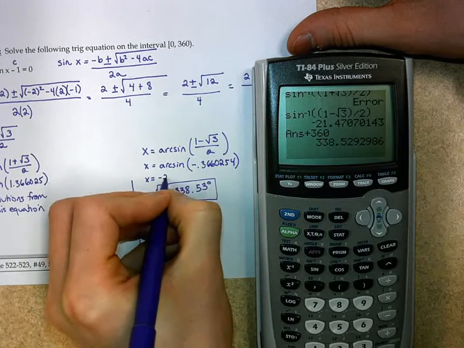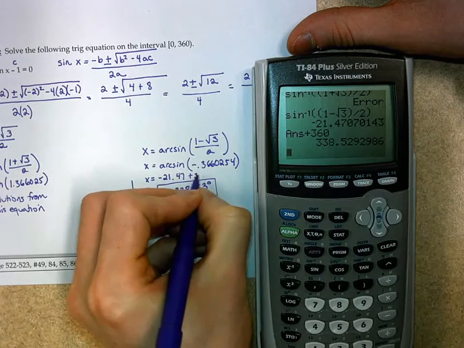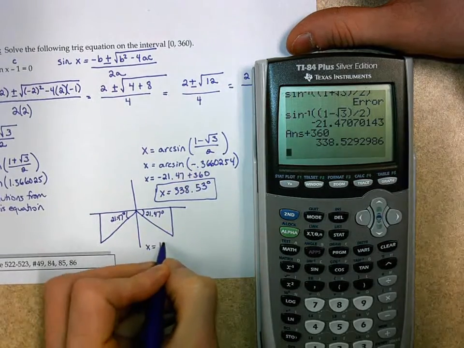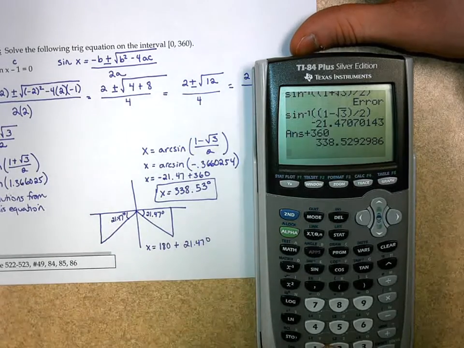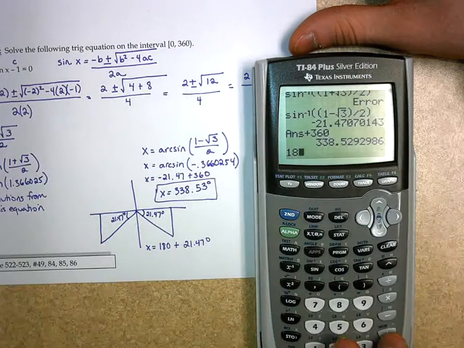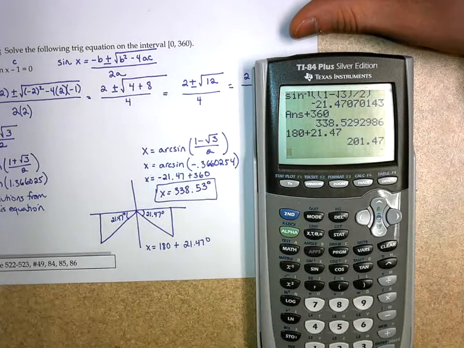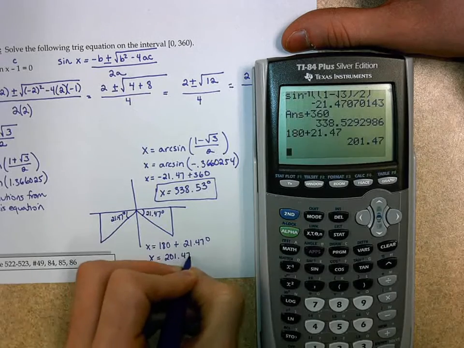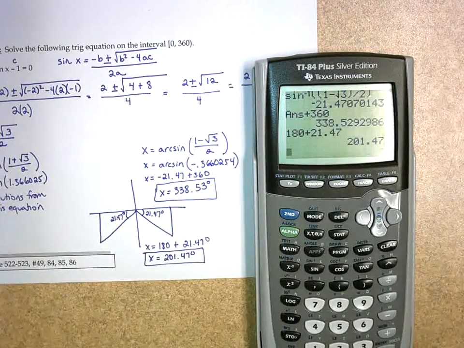And I'll just write right here, -21.47, and then we have to add 360. And then this other one down here is x is 180 plus the 21.47 degrees. So 180 plus 21.47. And I can see that I get 201.47 degrees as my second solution.